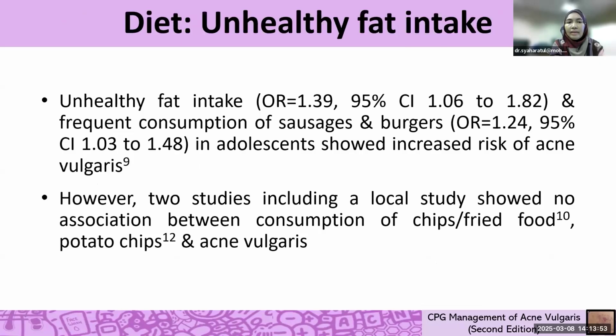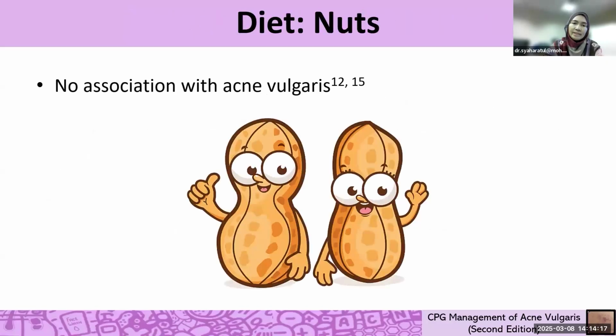Unhealthy fat intake and also frequent consumption of sausages and burgers in adolescents has shown increased risk of acne vulgaris. However, our local study showed no association between consumption of chips, fried food, potato chips, and acne vulgaris. How about nuts?